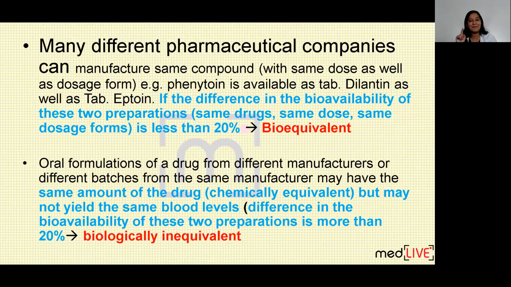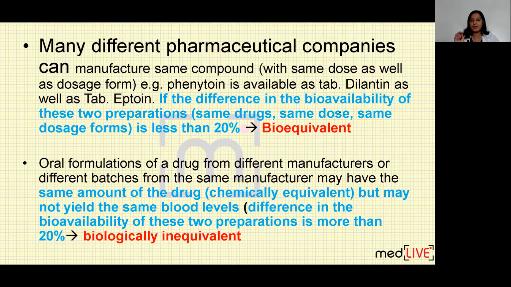But they don't check the bioavailability. You have to check whether the two brands have the same bioavailability. Both have 500 milligram paracetamol, but out of 500, how much will be absorbed in your systemic circulation, that will be effective. That 500 will not be effective. So the drug which has more bioavailability is more beneficial for the patient.